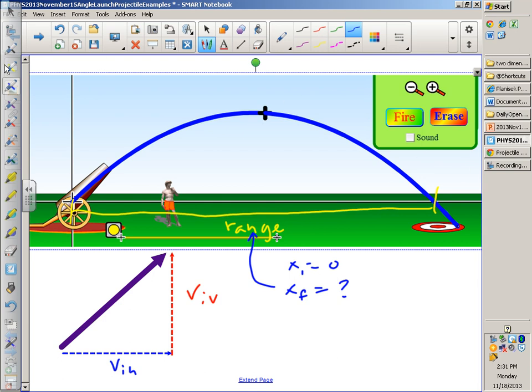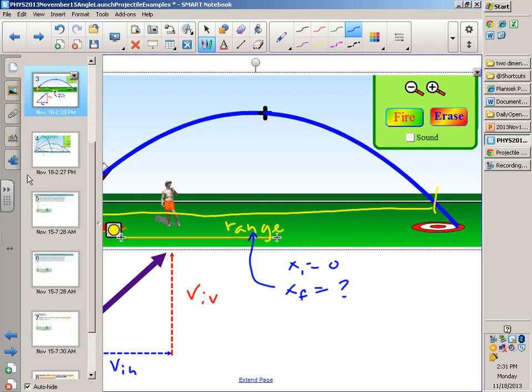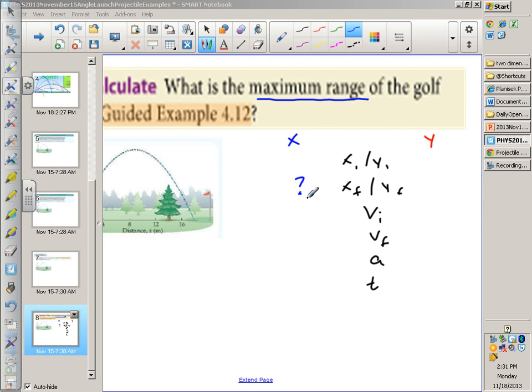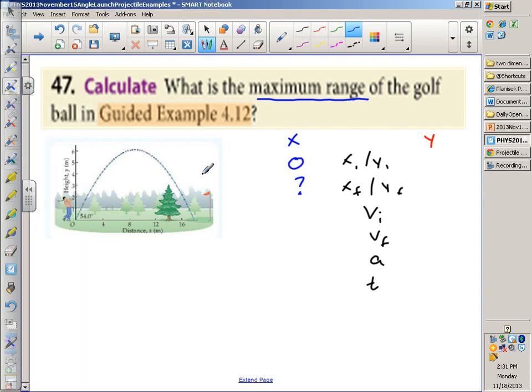So that means if we're going to solve for range, we've got to solve for a horizontal distance, and that's xf, right? Assuming, of course, that we call x initial 0 and y initial 0, that being the origin of our frame of reference. Okay? Good there?